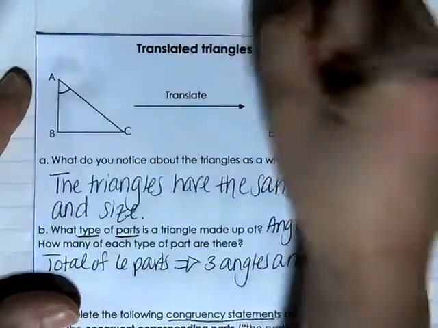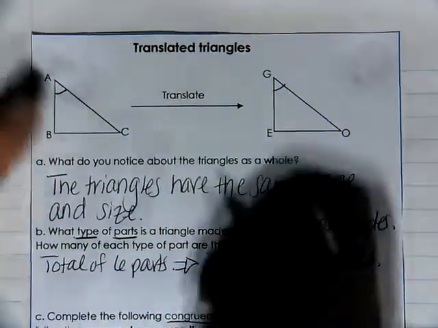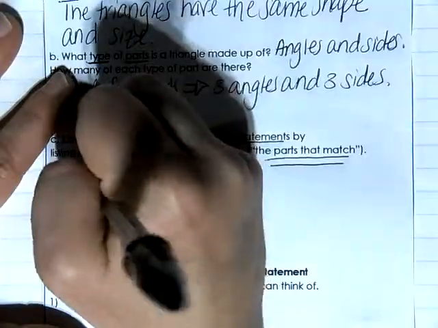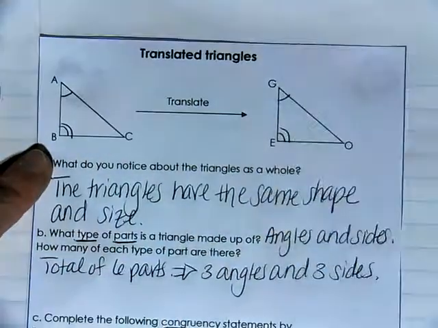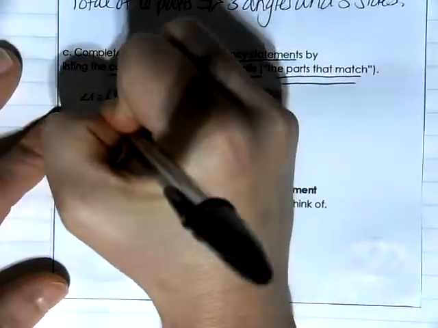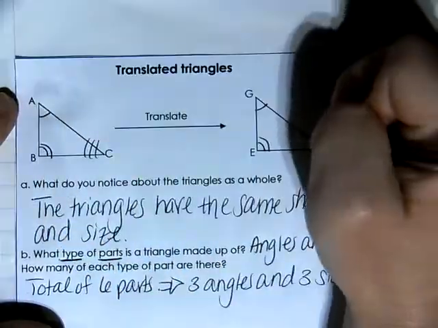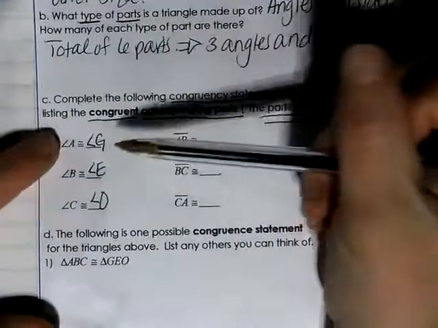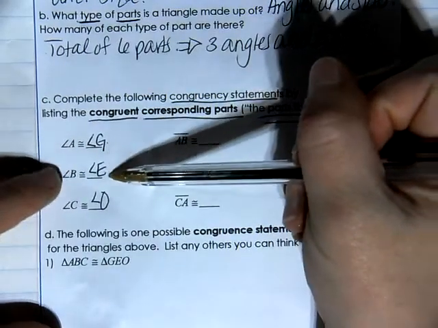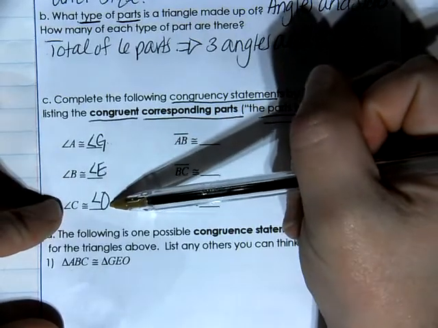Hopefully you see that angle A would have to match with angle G. So we would say angle A is congruent to angle G. And angle B, that would have to match up with angle E. And angle C would have to match up with angle O. So in terms of our congruency statements, we have angle A is congruent to angle G, angle B is congruent to angle E, angle C is congruent to angle O, and that's dealing with your angles.